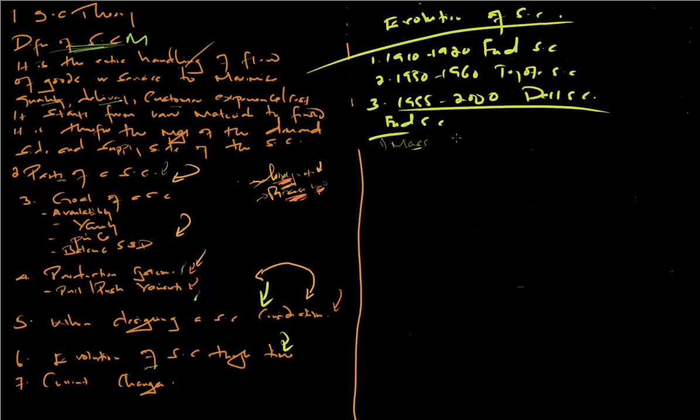Among the things that Ford was able to do is he used what you call an integrated system. In an integrated system, he owned the iron ore, the refinery, the machining sections, the assembly, and the distribution. This is an integrated system owned by the same company.